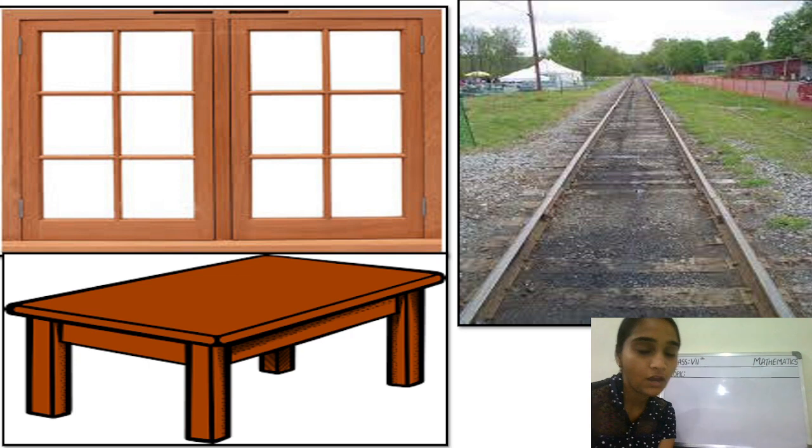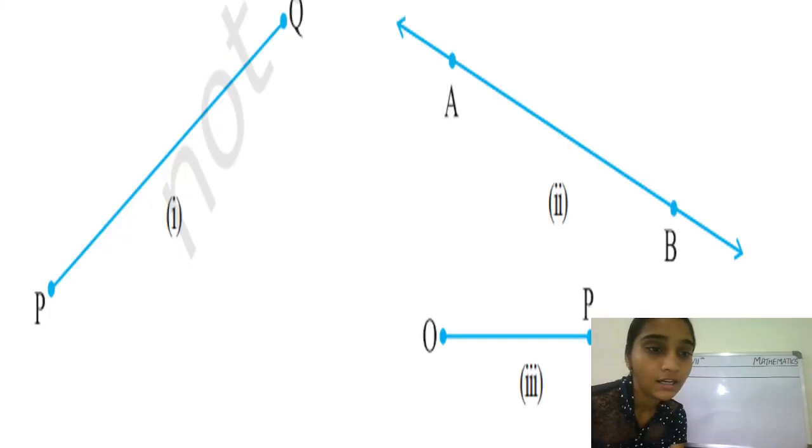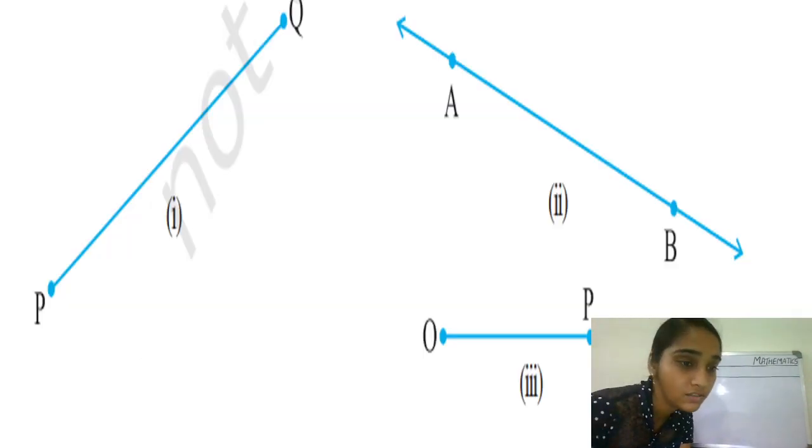Very good, students. So if I show you all these three things, what are you inferring from looking at the images? Yes, exactly. They are also straight.